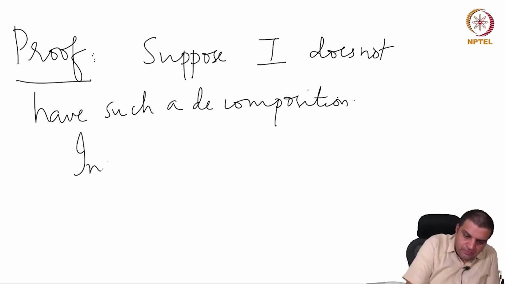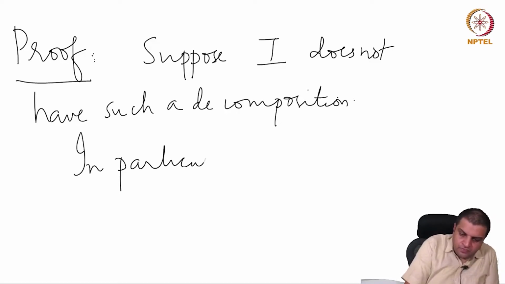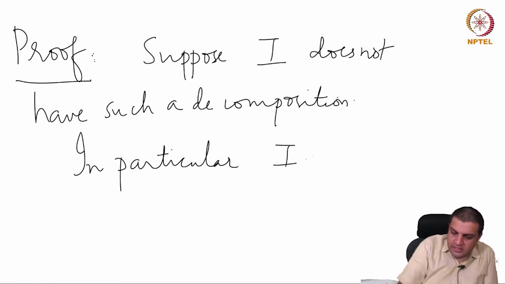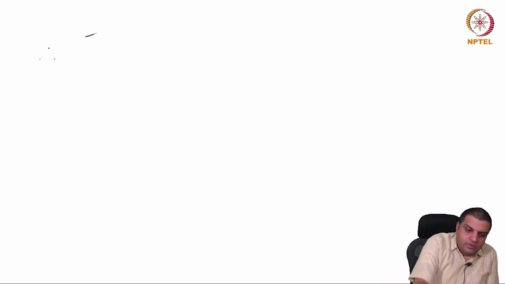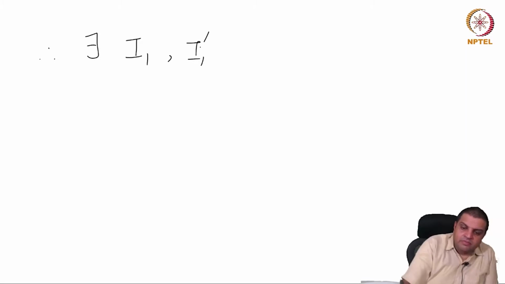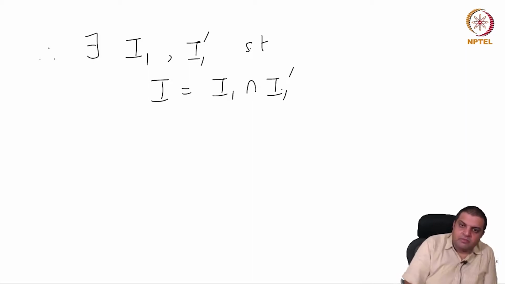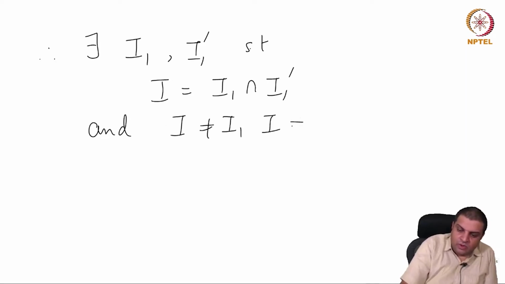In particular, I is not irreducible, because irreducible ideals themselves can be written as just I equals I. Therefore, there exists some I1 and some I1 prime such that I is I1 intersect I1 prime, and I is not equal to I1, I is not equal to I1 prime.